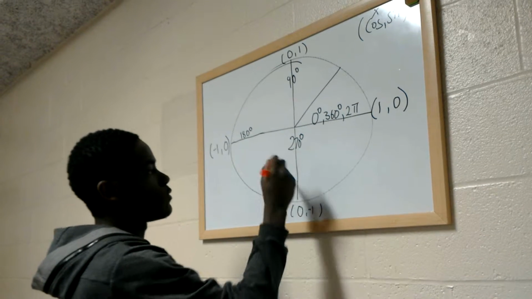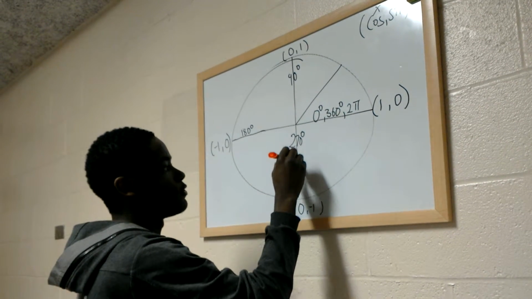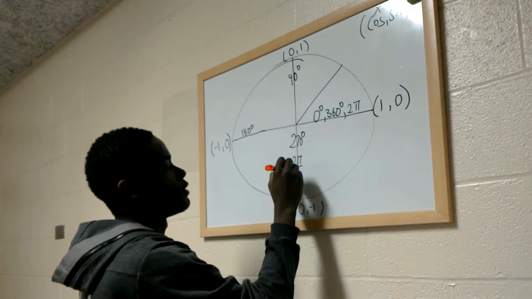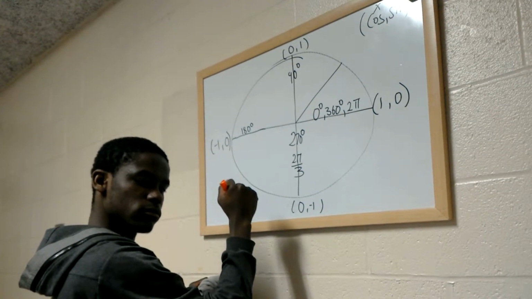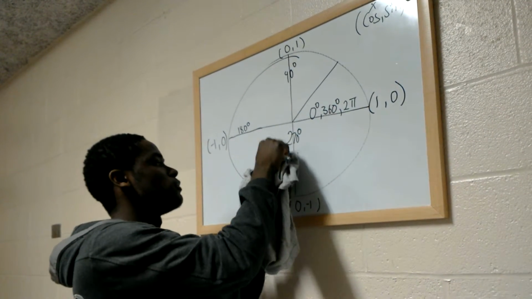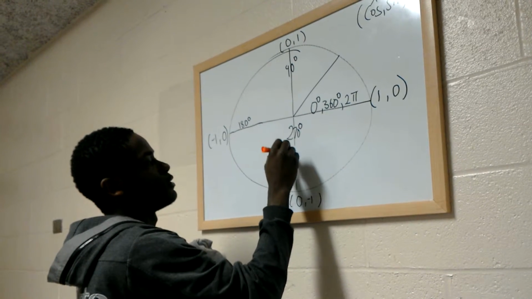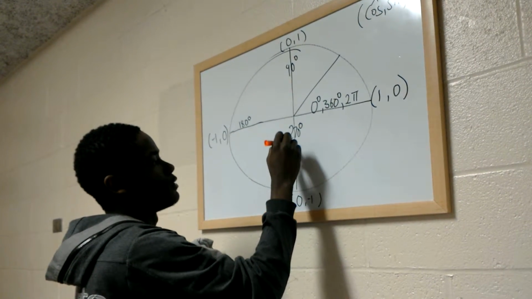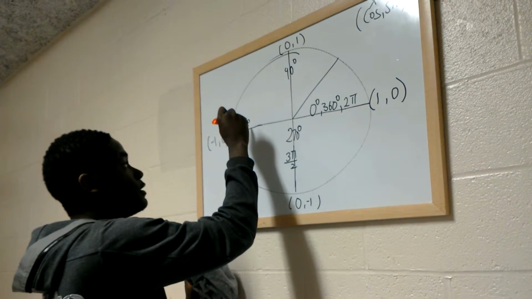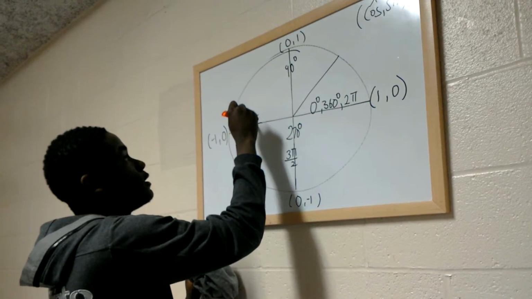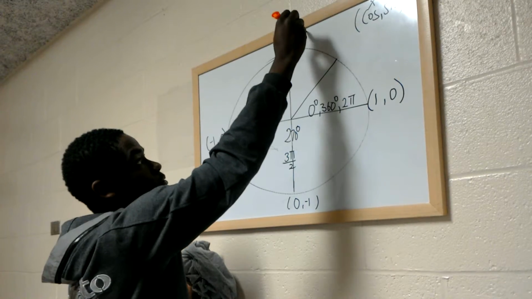The radian here is 3 pi over 2. The radian for 180 degrees is pi. The radian for 90 degrees is pi over 2.